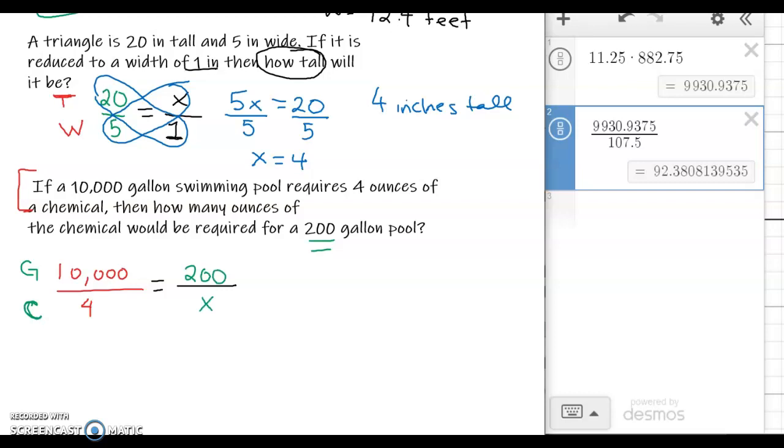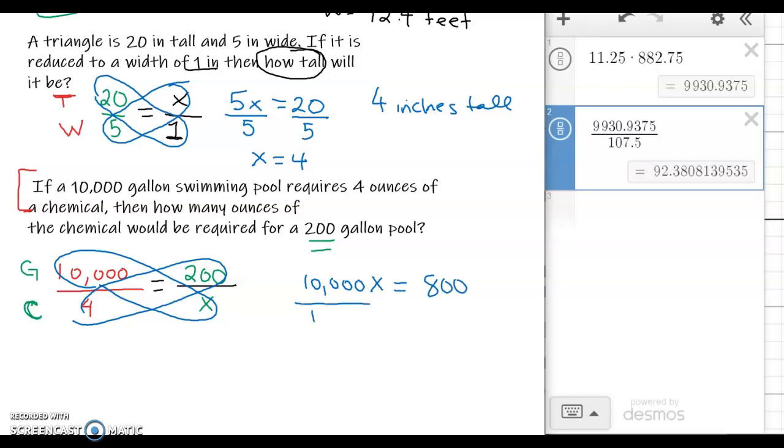Same deal here. We get to cross multiply. So I'm going to cross multiply these quantities. And I would say that 10,000 times x equals 800. And when I go to solve for x, you guys have your calculator.